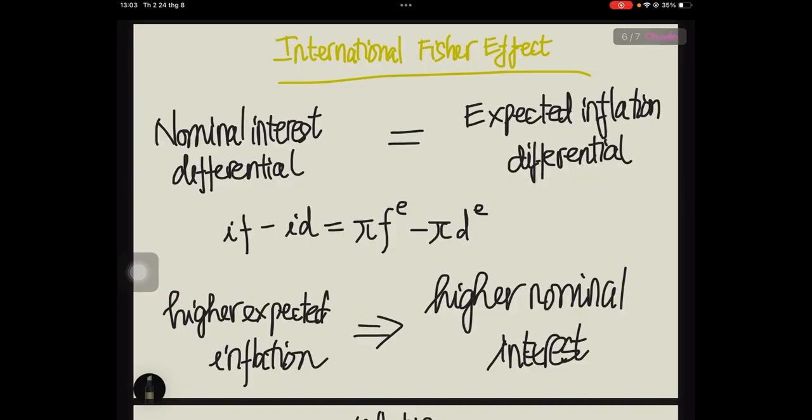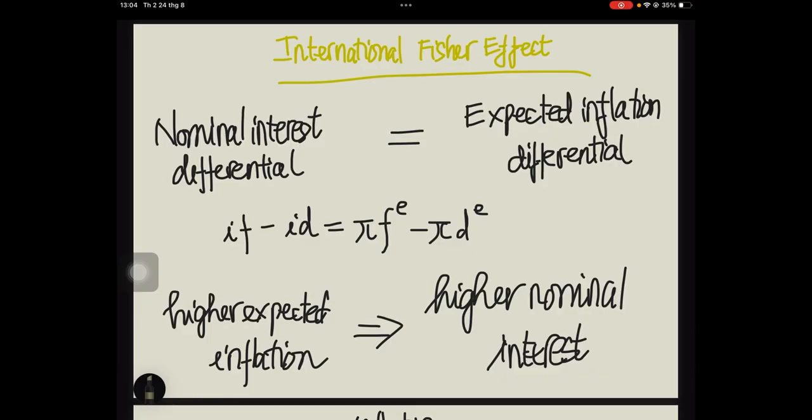Okay, this is the international Fisher effect. The Fisher effect starts with the relationship between the nominal interest rate and expected inflation. Nominal interest rate equals real interest rate plus expected inflation. So if two countries have similar real interest rates, differences in their nominal interest rates should largely reflect differences in expected inflation. This gives us the international Fisher effect.